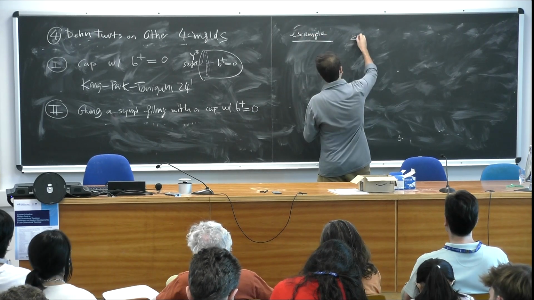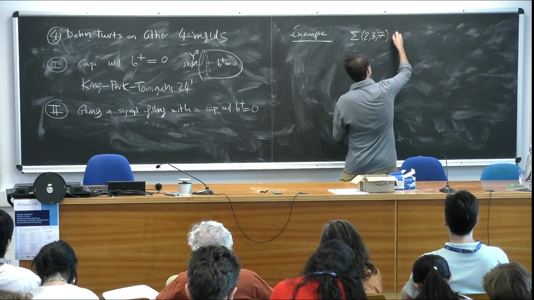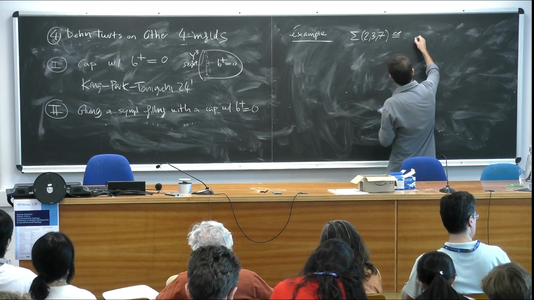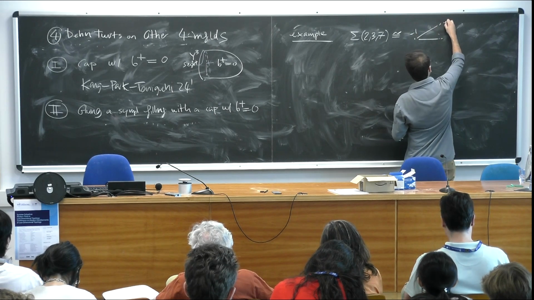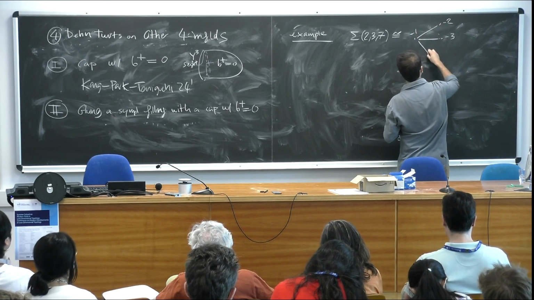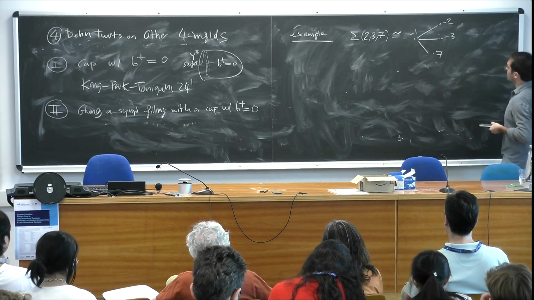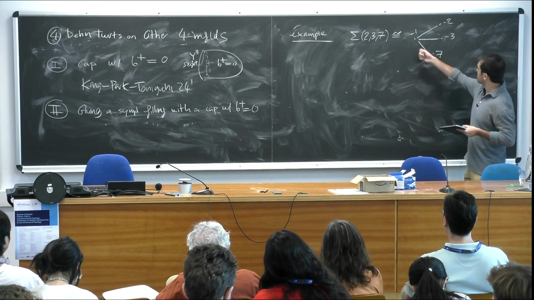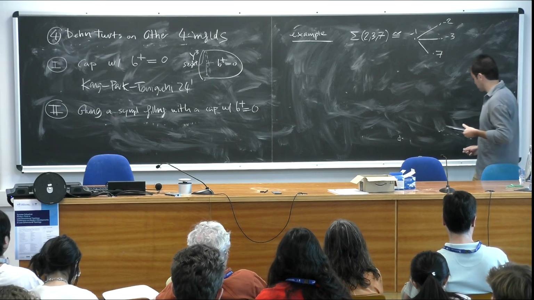So for example, you could look at the Brieskorn sphere Σ(2,3,7). This is the boundary of a plumbing of this sort. The vertices mean there's a disk bundle over the sphere with the Euler number shown, and we're looking at the boundary of such a plumbing.